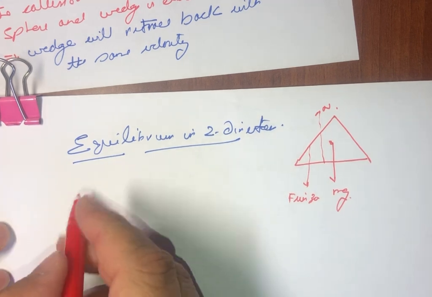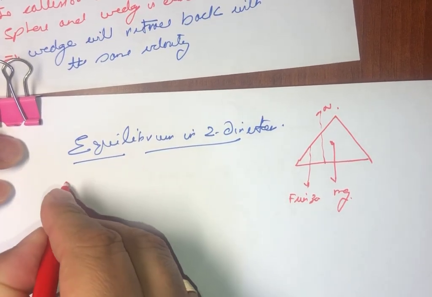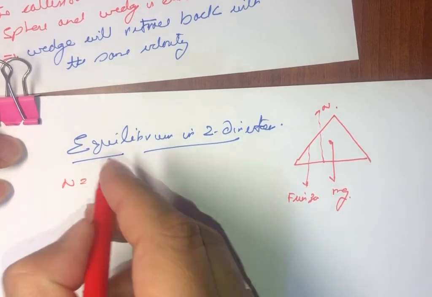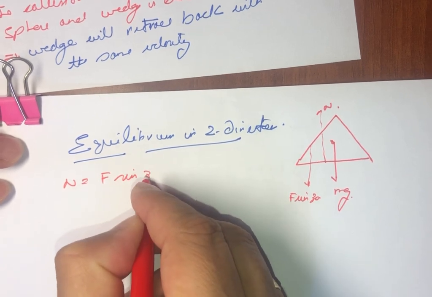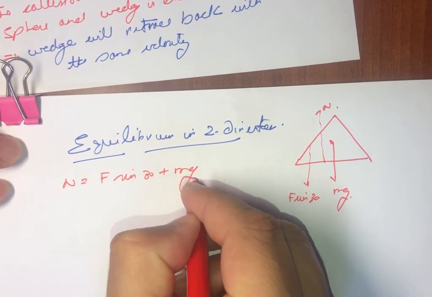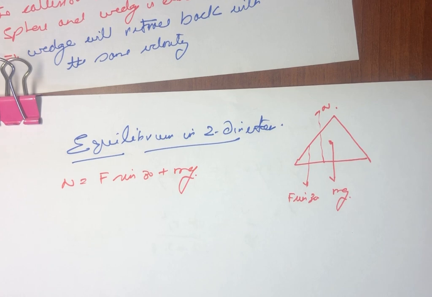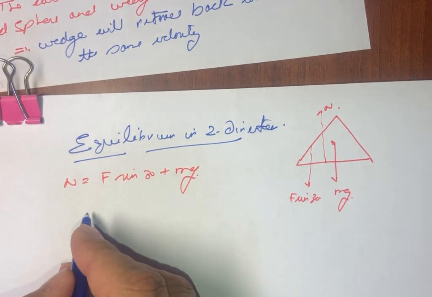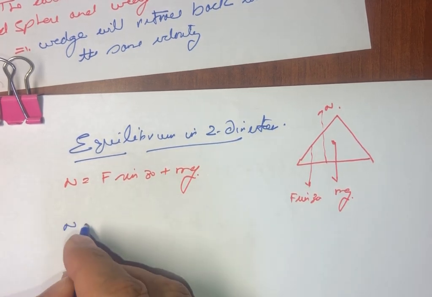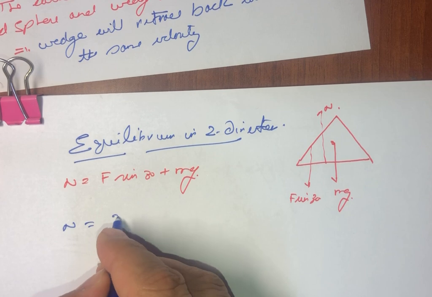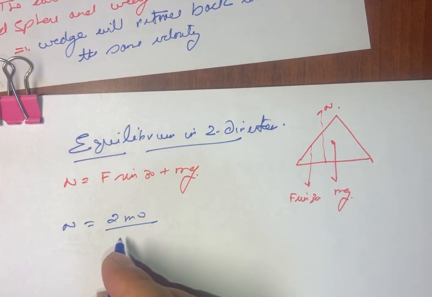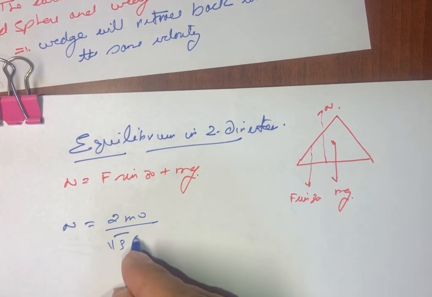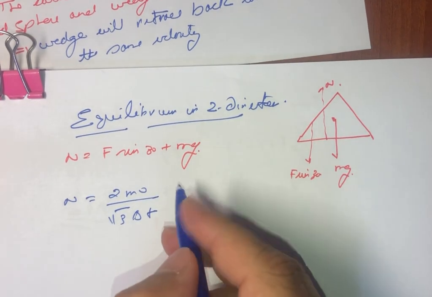So we can write the equation as N is equal to f sin 30 plus mg. We already know the value of f, so we get normal N is equal to 2mv root 3 by delta t plus mg.